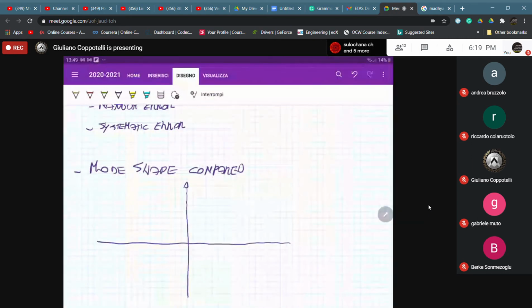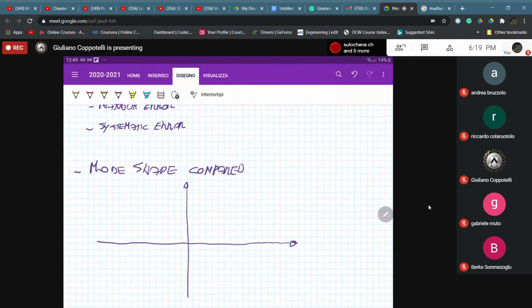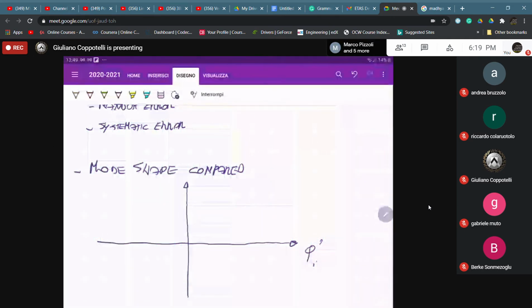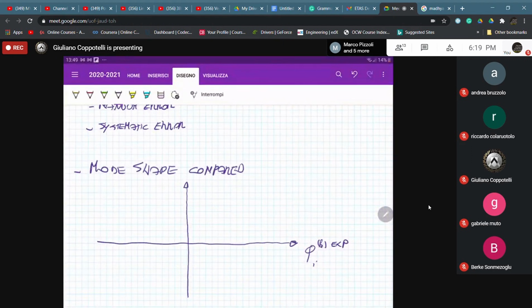In the x-axis, I'm putting the components of the K-th experimental mode shape, and in the y-axis, I am putting the corresponding component of the same K-th numerical mode shape. Maybe for this kind of plot, we have a condition like that. For example, let me add some points like this.